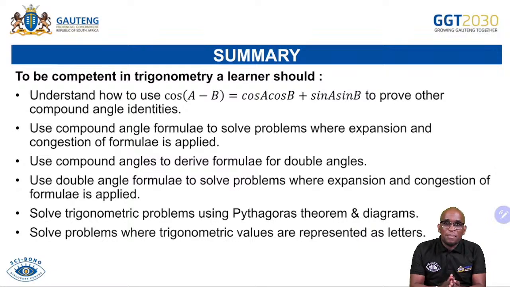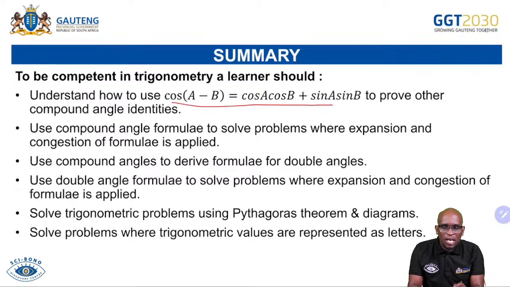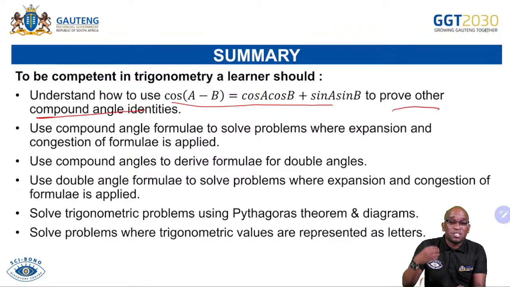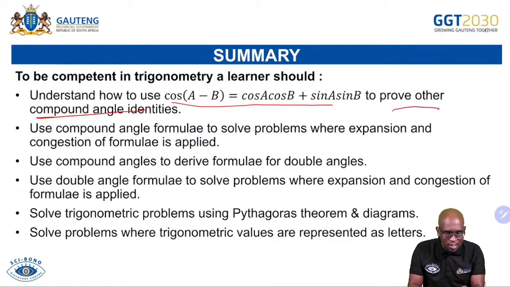Now, let's summarize everything. To be competent in this basic trigonometry, you should be able to understand how to use the cosine of a minus b expansion to prove the other compound angle identities. We started there when we started our lesson.